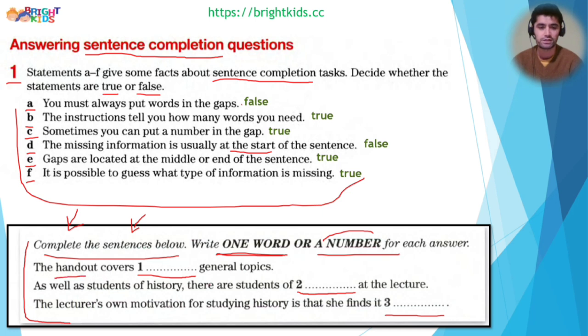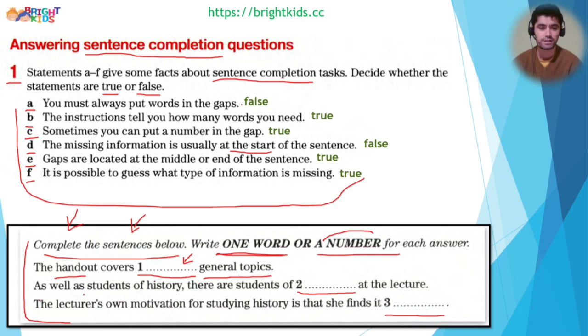It covers some kind of general topics. So the prediction here is we can either put an adjective or a number, because the handout covers some kind of general topics or some number of general topics.